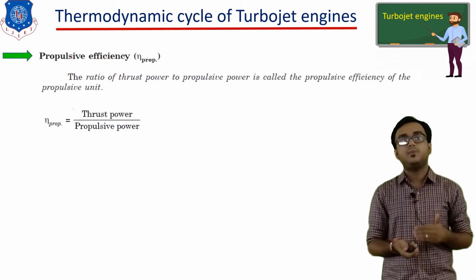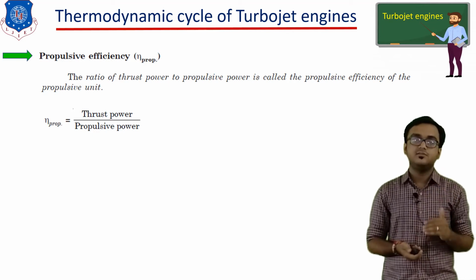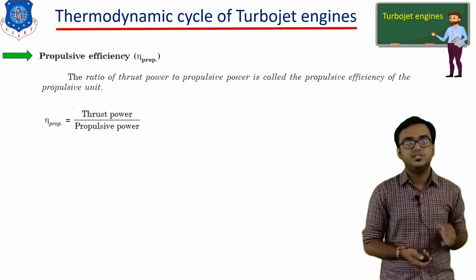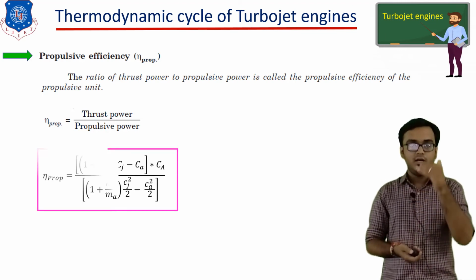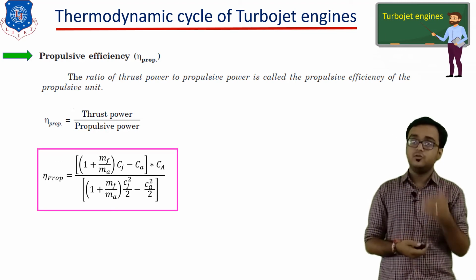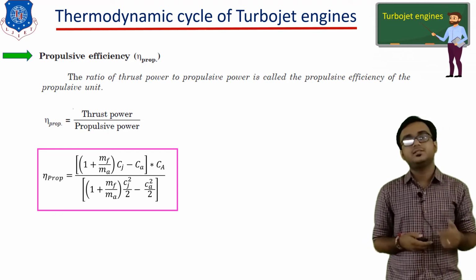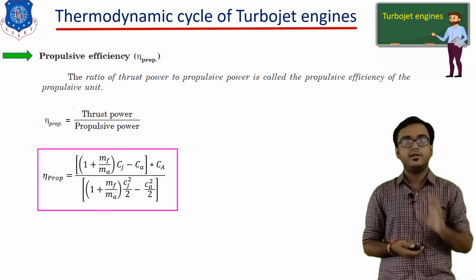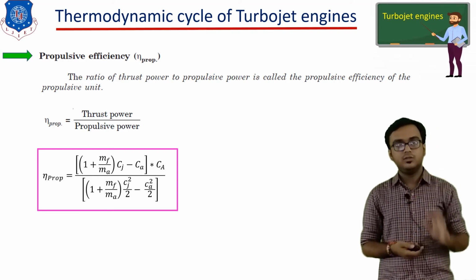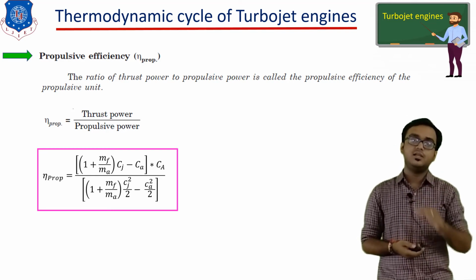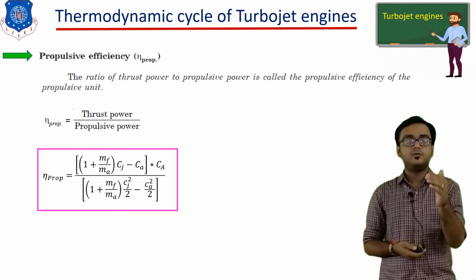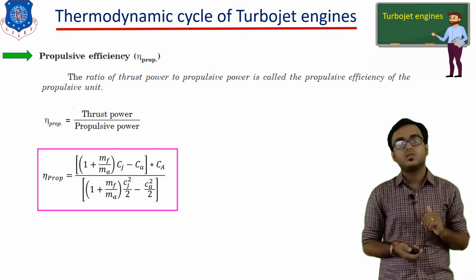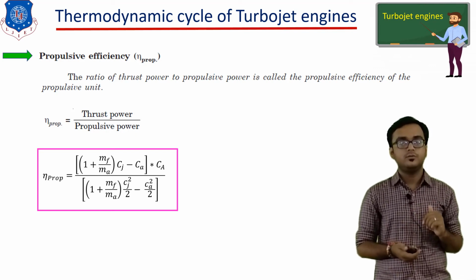Thrust power equation with us is (1 plus mf by ma) multiplied by cj minus ca, multiplied by ca, and propulsive power equation for the unit mass flow rate of air is (1 plus mf by ma) cj square divided by 2 minus ca square divided by 2. So it is all about the propulsive efficiency, which is nothing but the ratio of the thrust power to the propulsive power. Clear?